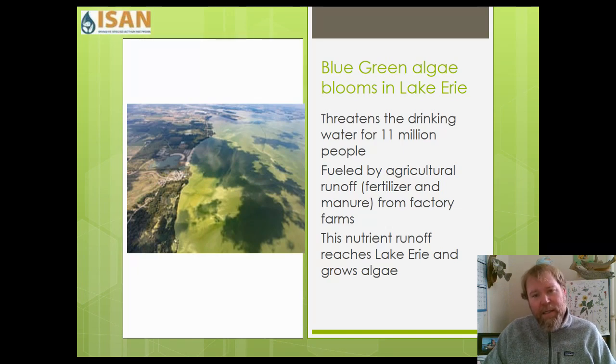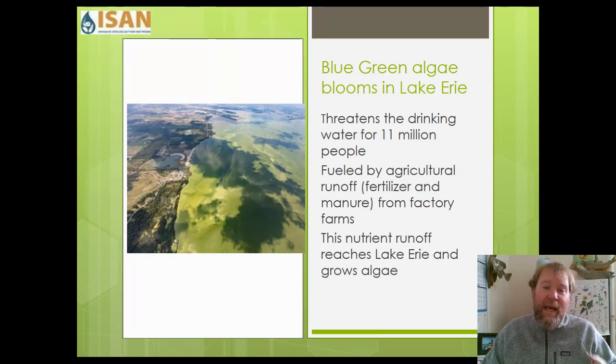And so what happens is when you get a bunch of cattle or pigs or chickens or turkeys going to the bathroom a lot, their manure holds a lot of a nutrient called phosphorus, and also it holds a lot of nitrate. Fertilizers also hold a lot of phosphorus and nitrate.